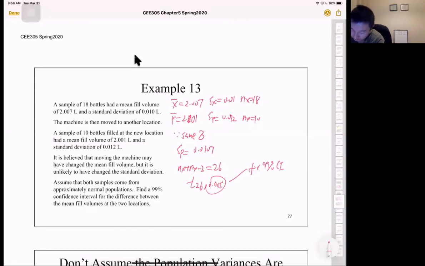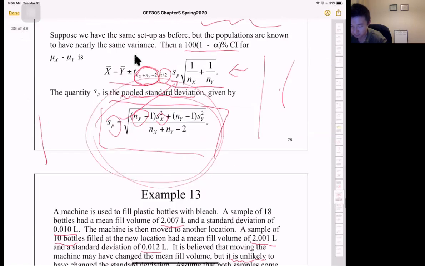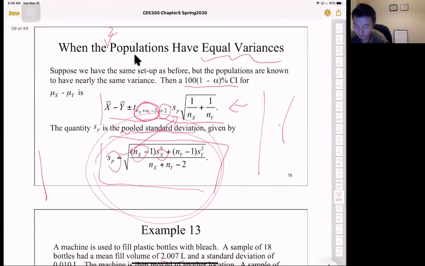So use table 8.3 for that t value. We get the t value equal to 2.779. Then we can use the equation here to calculate the confidence interval. So that's the idea.